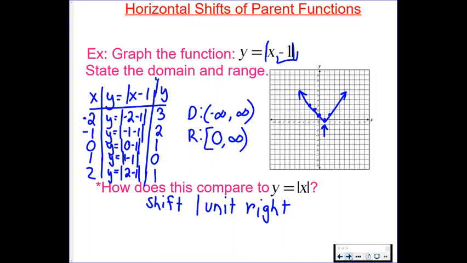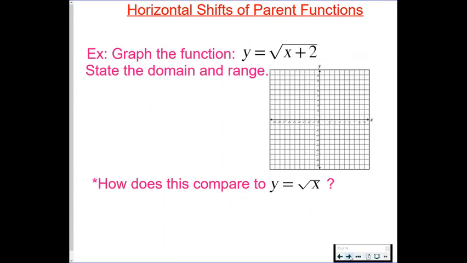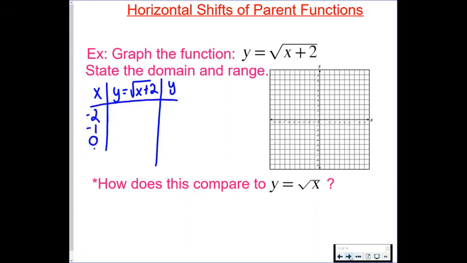Let's try another one. Graph the function y equals the square root of x plus 2. Again, I'm going to choose some x values and plug them on in. Here's the y. My x: -2, -1, 0, 1, 2, and plug them in.